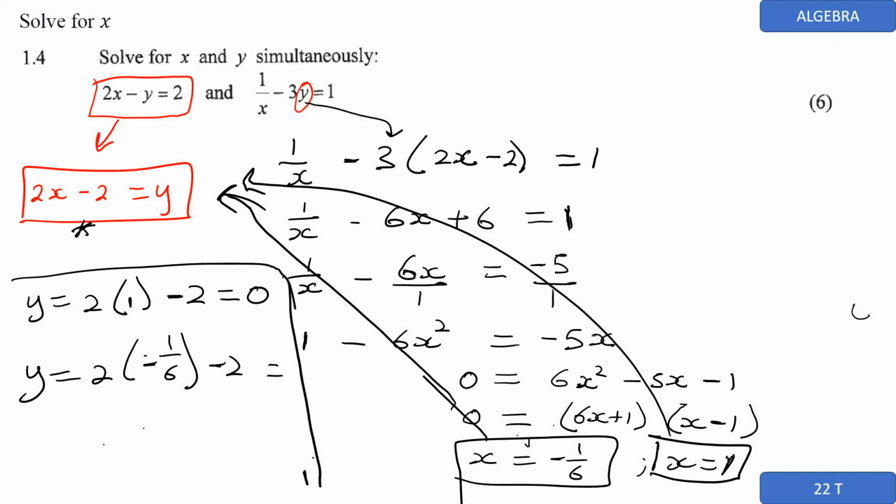Someone type that in for me, please, and tell me what we'll get there. I think we should be getting minus 2 and 1/3. Am I right? Yes, sir. Okay, so we're going to stop there.